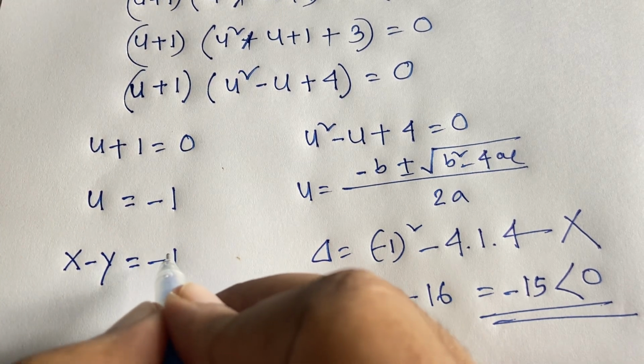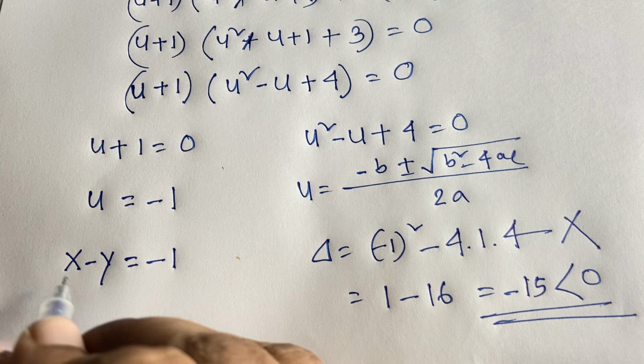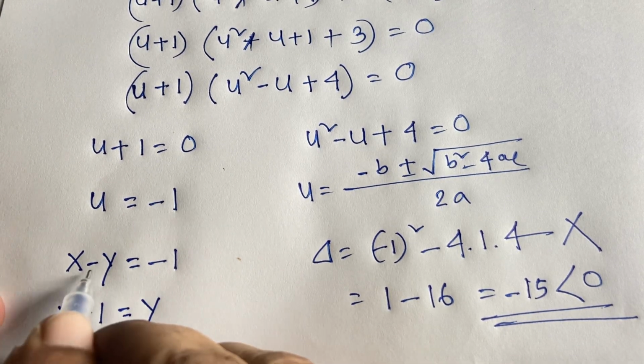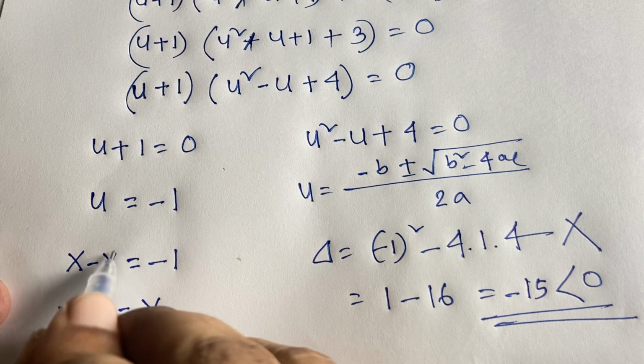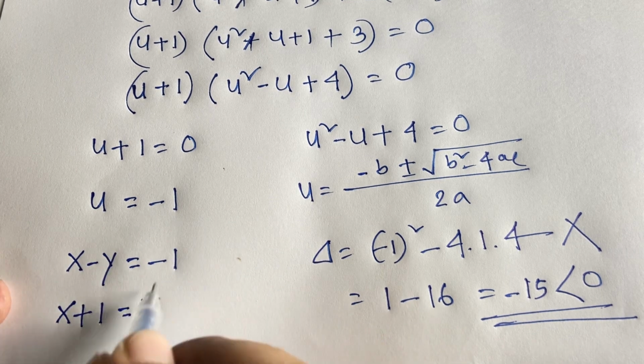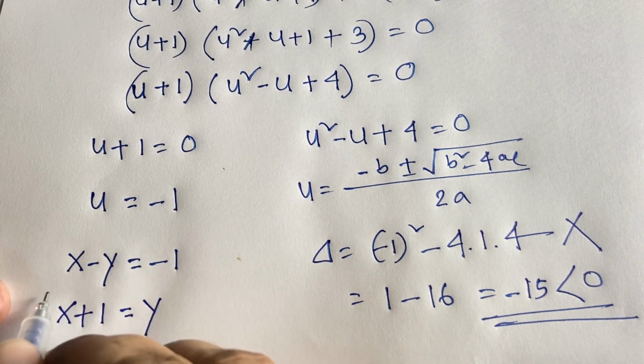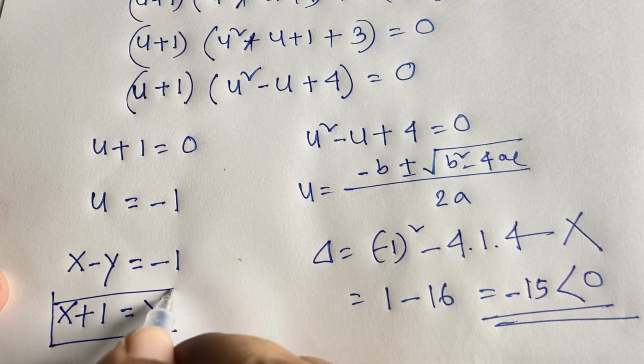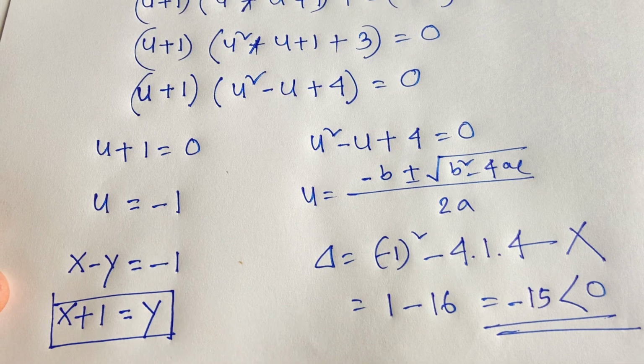So in this case I can say that x plus 1 is equal to y. I just move this minus y to this side, it will be positive y, and minus 1 moves to the left side, it will be positive 1. So we'll find out x plus 1, it will be y.